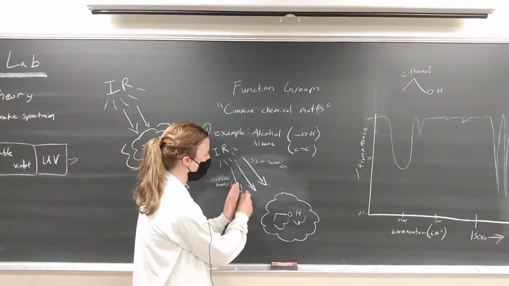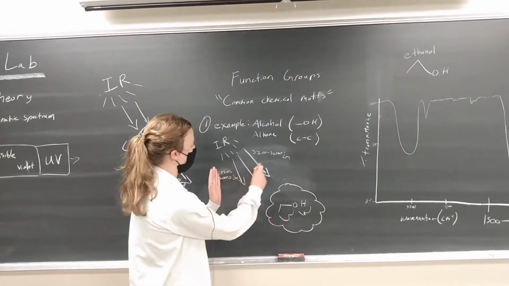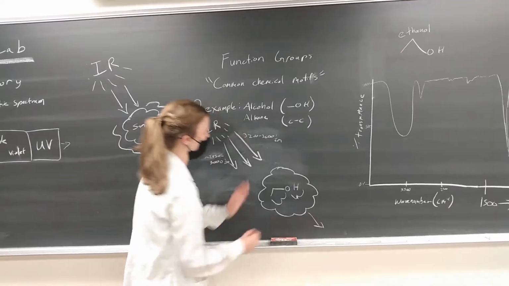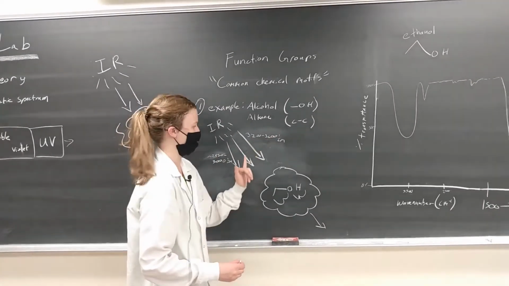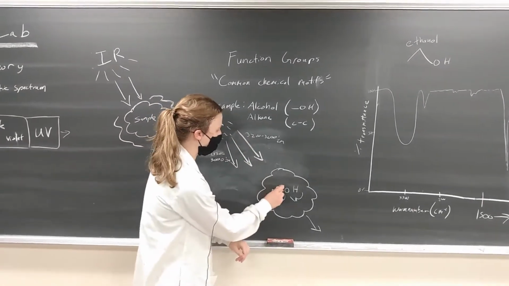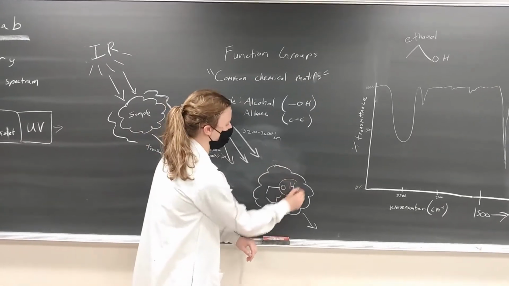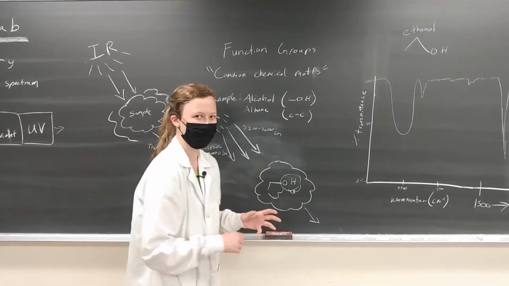And so that light is not going to be transmitted, it's going to be absorbed by the molecule. Then we keep going through, and there's some other light that the molecule doesn't really care about, so it just passes through. We have some transmitted light. And then we get over to 3200 to 3600, 1 over centimeters, wavelength of light, okay? And so then when that hits the molecule, it goes to this alcohol, and the alcohol's like, oh my gosh, I love this wavelength of light. And so now your alcohol group's going to start vibrating in a certain way. And so then that light's going to be absorbed, all right?